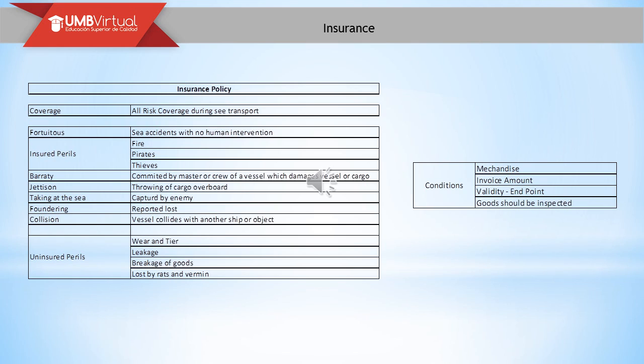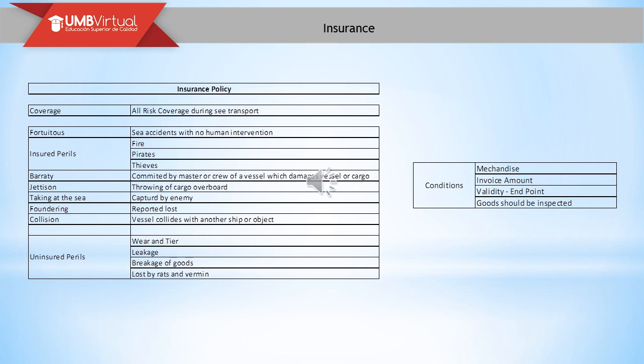Now we are going to talk a little bit about the coverages that this policy has. The first, which is the most important one, is about any accident that happens to the vessel or to the cargo without human intervention, like a hurricane, for example, something to do with nature.